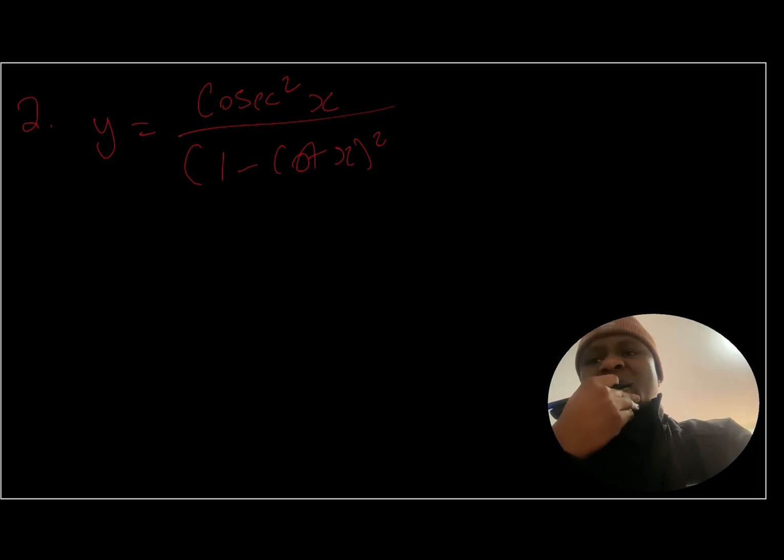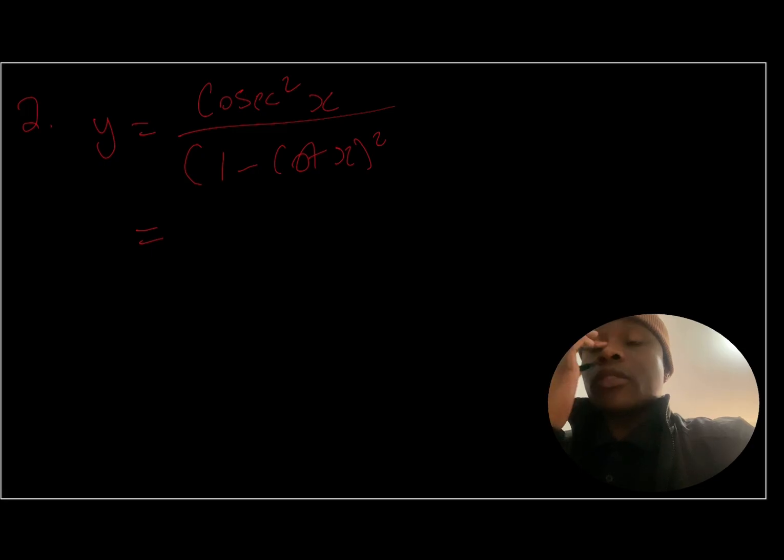Remember, I said I don't like the division sign, but I prefer the multiplication sign. So I'm going to convert the division sign into multiplication. Therefore, the exponent of the denominator will become negative.